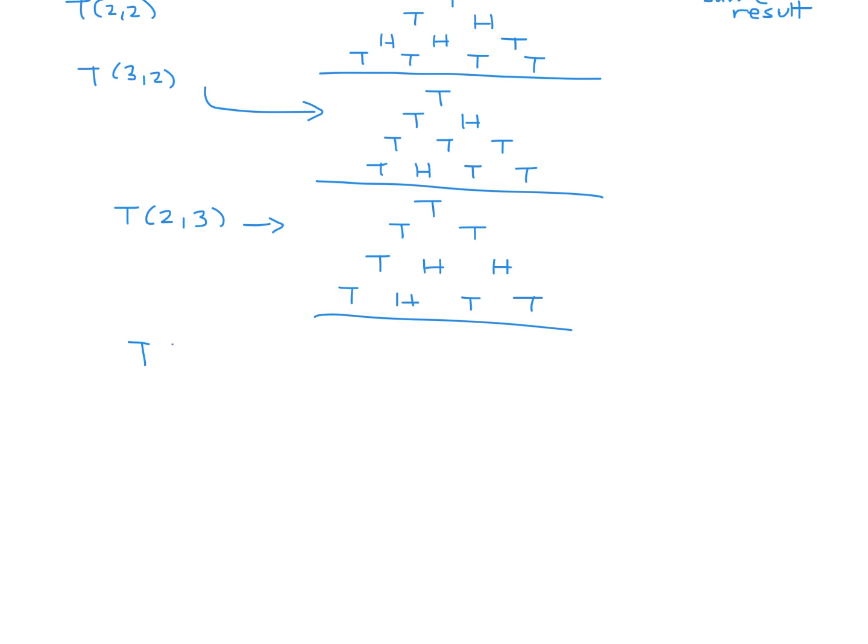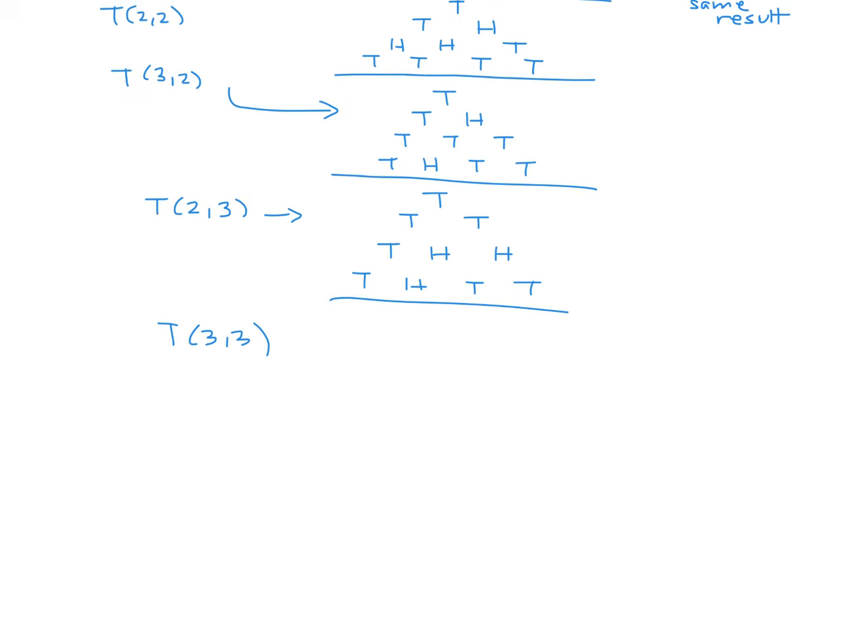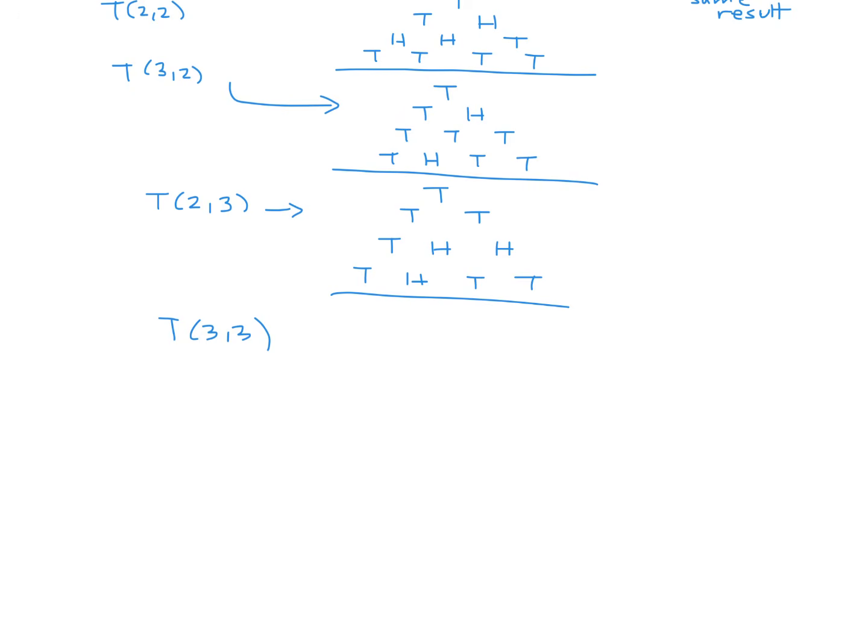Okay, next one. Well, let me go back to the diagram here. T23 has been used. Oh yeah, the next one, T33. Let's use this guy here. T33 would make it T, H, T. Still have not won.